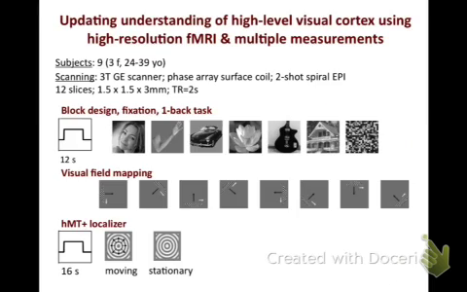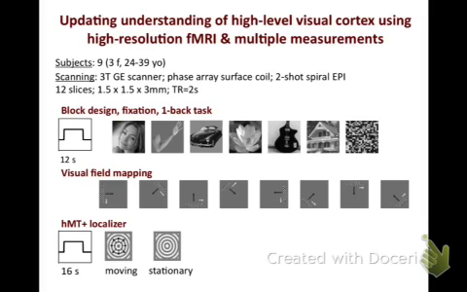And to address this question, we performed a series of experiments in which we improved the measurements using high-resolution functional MRI. Standard fMRI uses voxels of 3 to 6 millimeters, and in our experiments we use voxels of 1.5 millimeters. So what happens in these experiments?